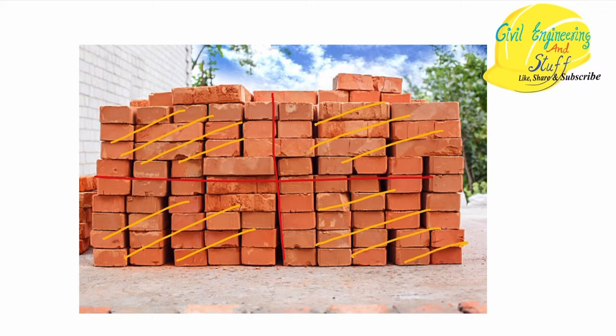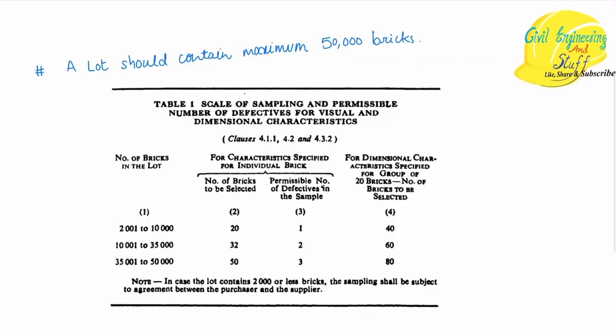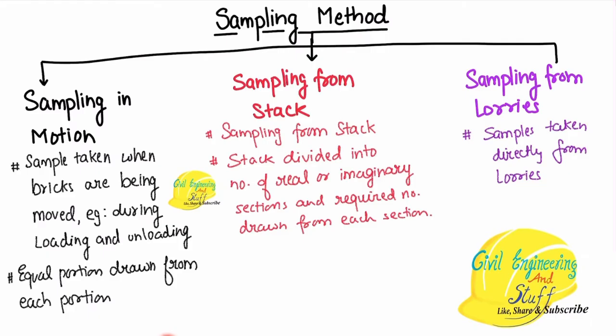This is called sampling from stack. Then we have sampling from lorries, where we take samples directly from the lorries. Lorries are used to transport the bricks from the source to the construction site. So when we take samples from the lorries itself, it is called sampling from lorries.